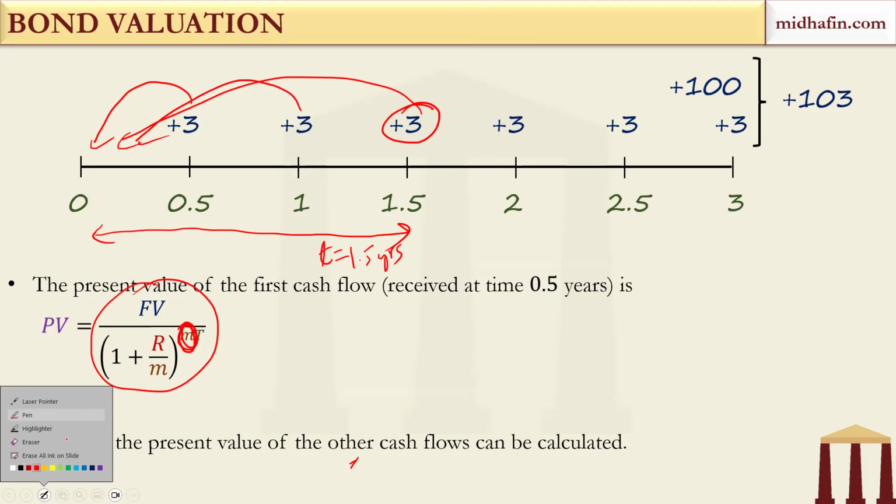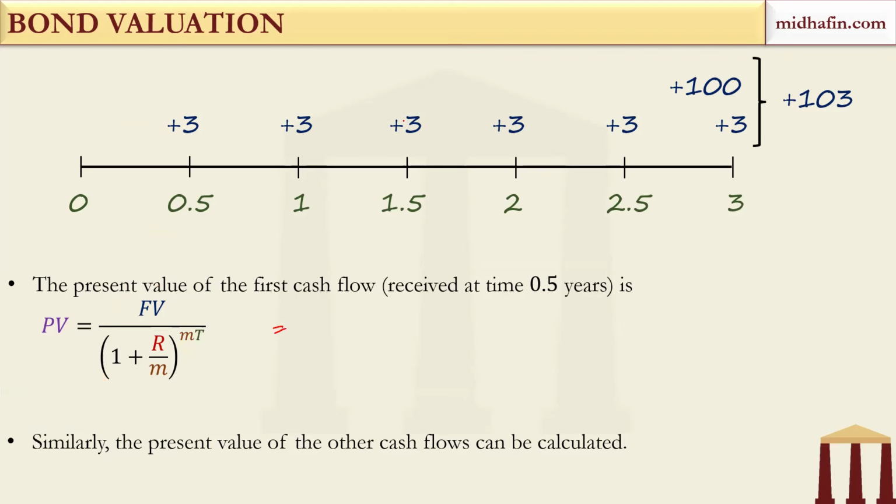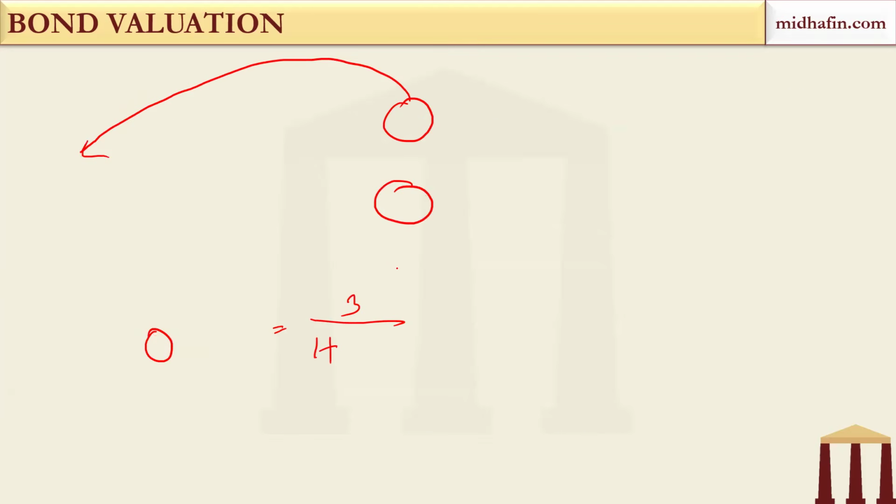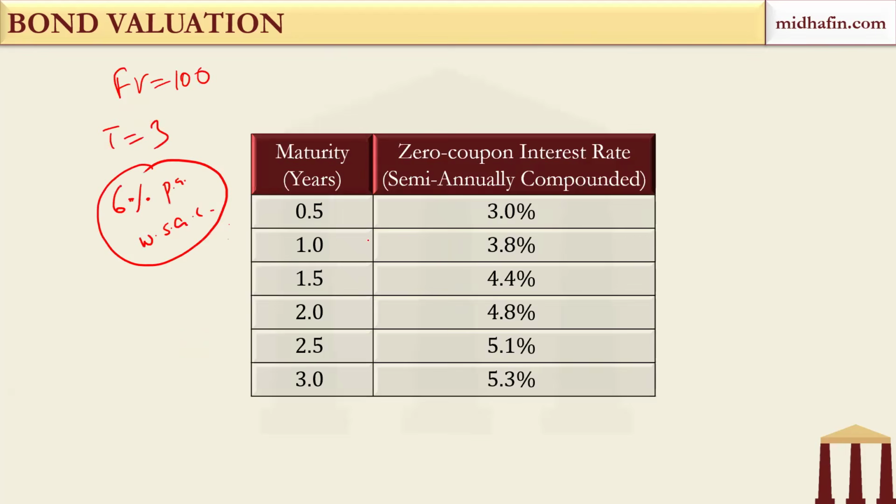Correct. Okay, so just use the same formula. For this $3, if I want to value this $3 over here, it will become 3 by 1 plus... Which interest rate will you use? You will use the 1.5-year interest rate, right? So let's go back to this table. This interest rate you will use, correct? 4.4%.